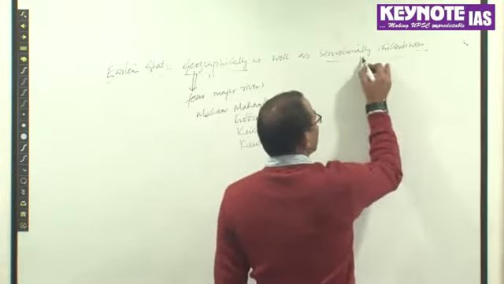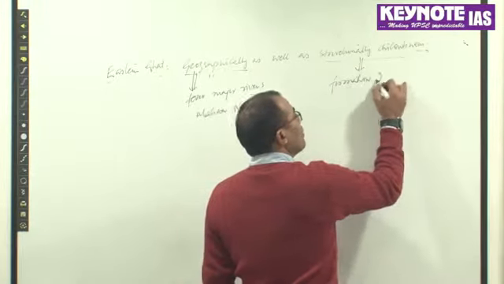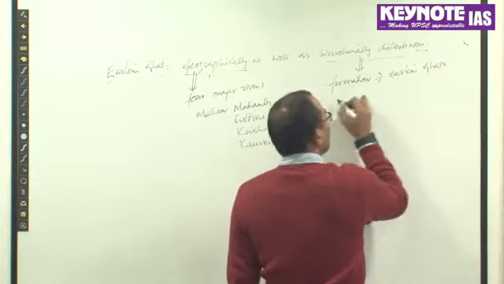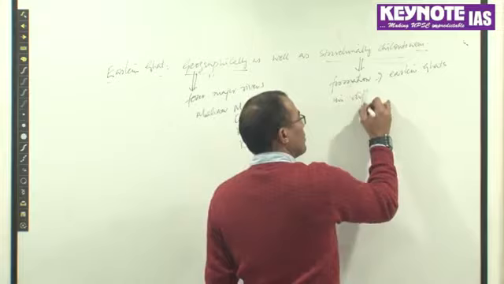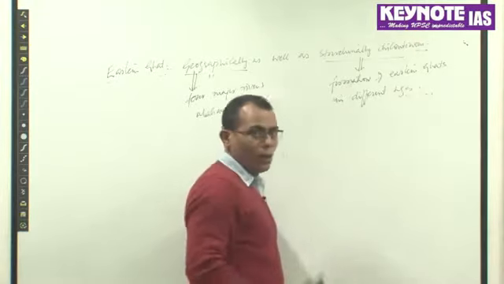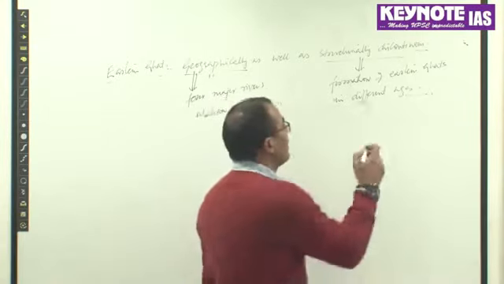Structural discontinuity is associated with the formation of Eastern Ghat in different ages. All are formed in Precambrian period, but you have different ages.